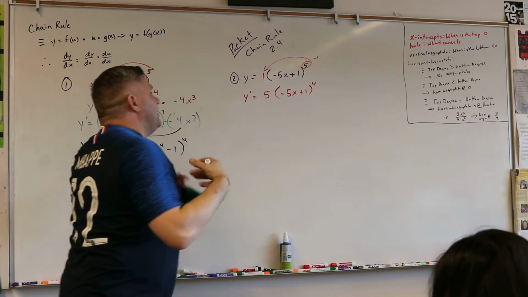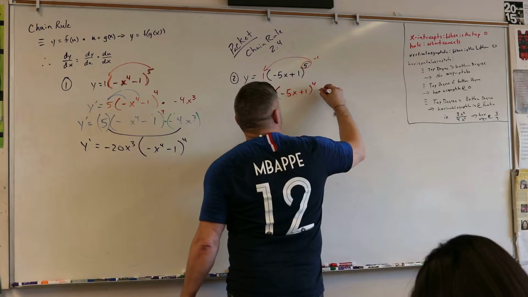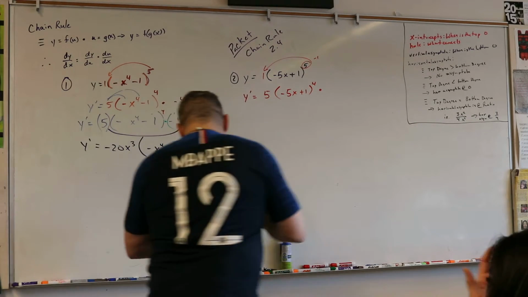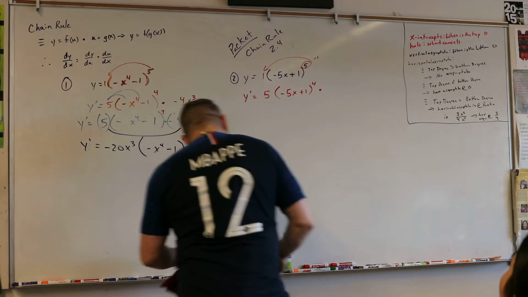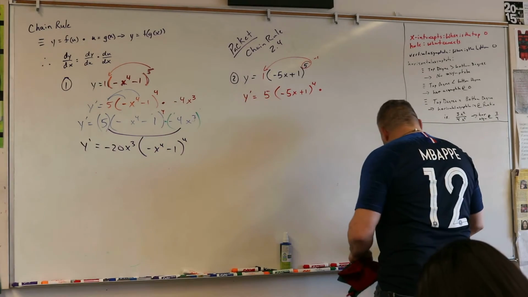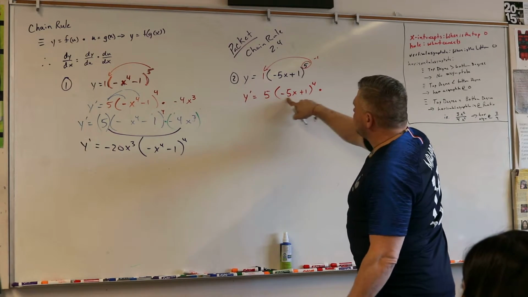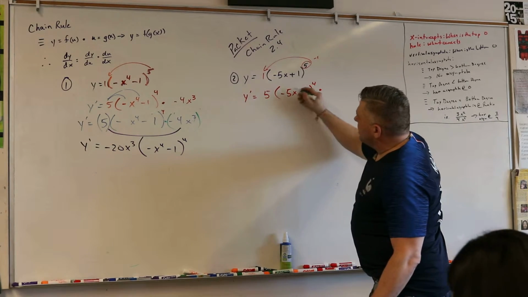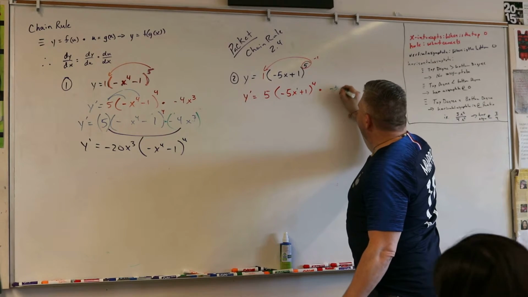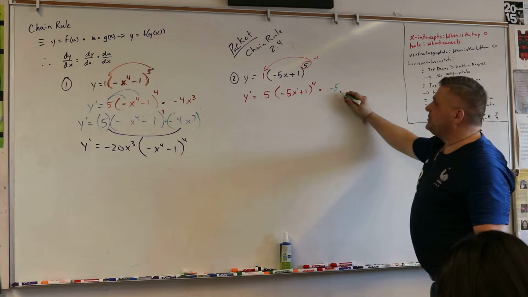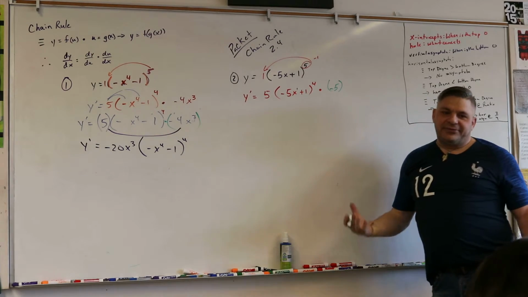And then I multiply it by the function within. So then I take this function that's inside of it, and I take that derivative. So we take 1 times negative 5, and we get negative 5. 1 away from 1 is none, so it leaves us with just negative 5.